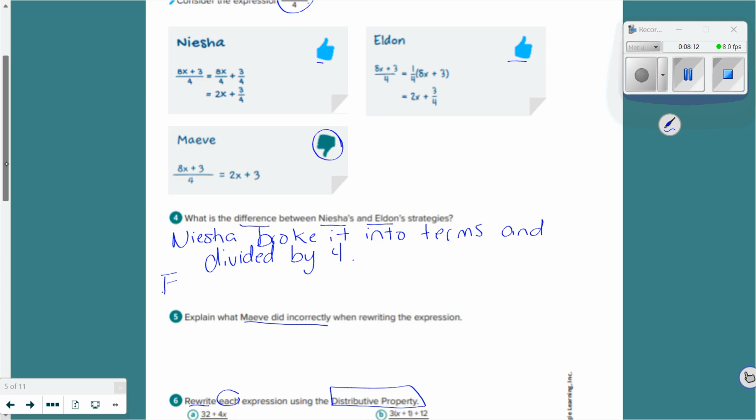Eldon did what? Distributive property and did what? He's not dividing by 4, he is multiplying by 1/4, which is the same as dividing by 4.